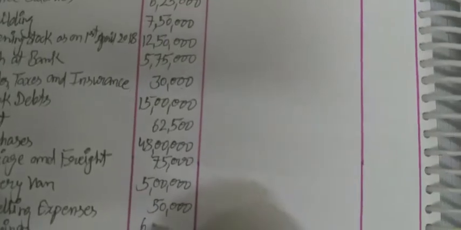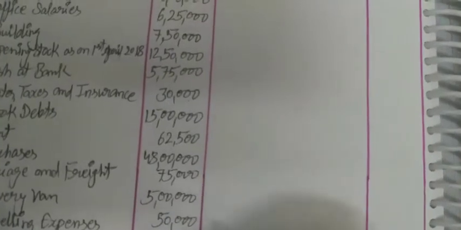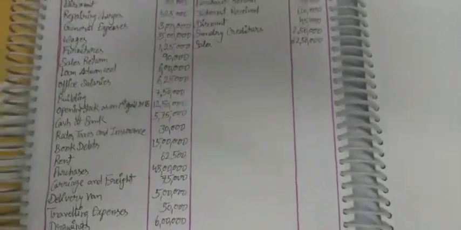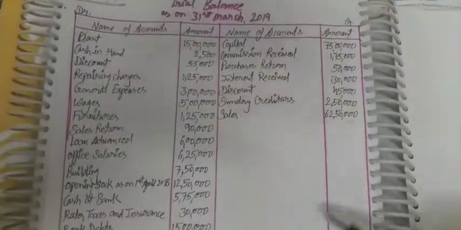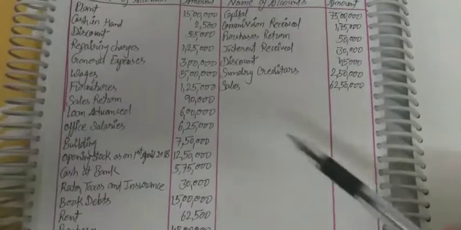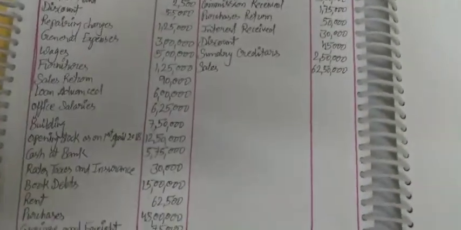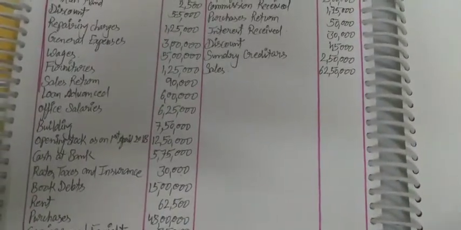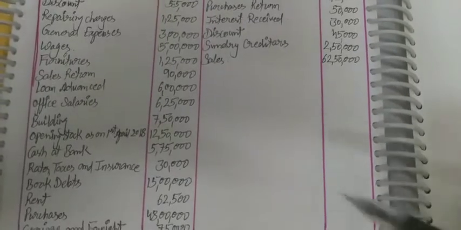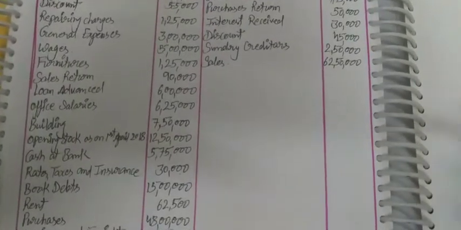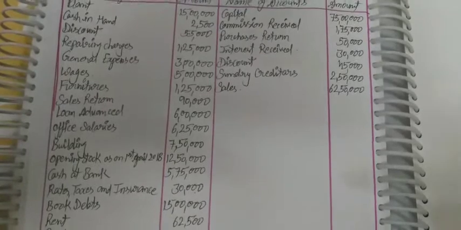So now students, after recording all the transactions in debit and credit side in the trial balance, now we need to do the total of these amounts. The total of debit and credit side must be equal. If there is difference in the balances, then we have done some error.